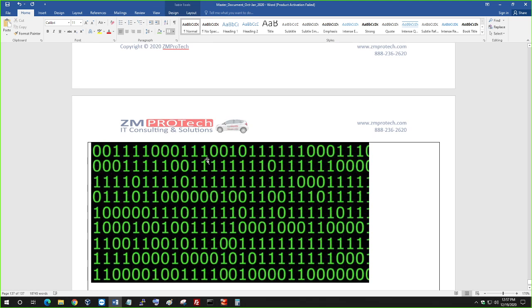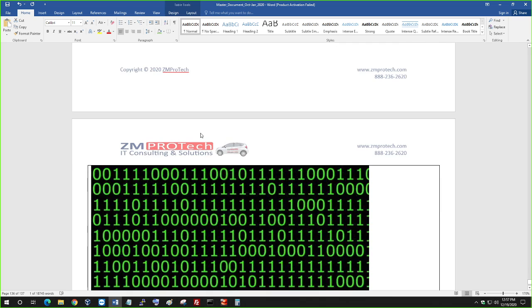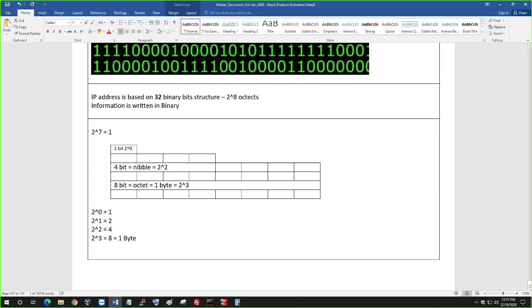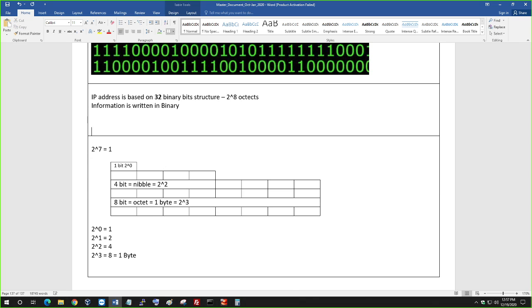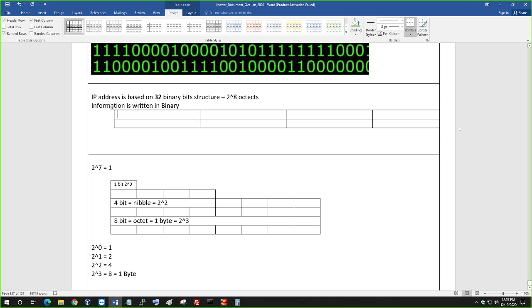Let's see here. I'll copy my IP address here. It says each octet is 32-bit, right? Here I'll copy it and make an indent here.